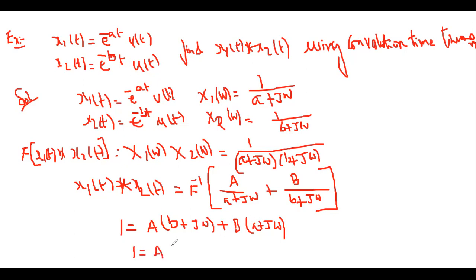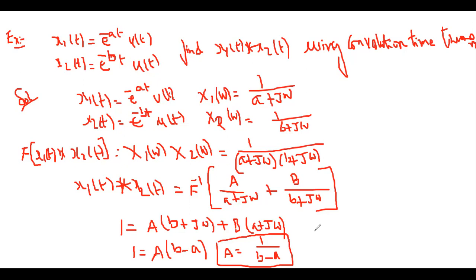Here the B term is 0. So j omega equal to minus a gives 1 equal to A into (b minus a). Therefore A is equal to 1 by (b minus a). Okay, we got A is 1 by (b minus a).